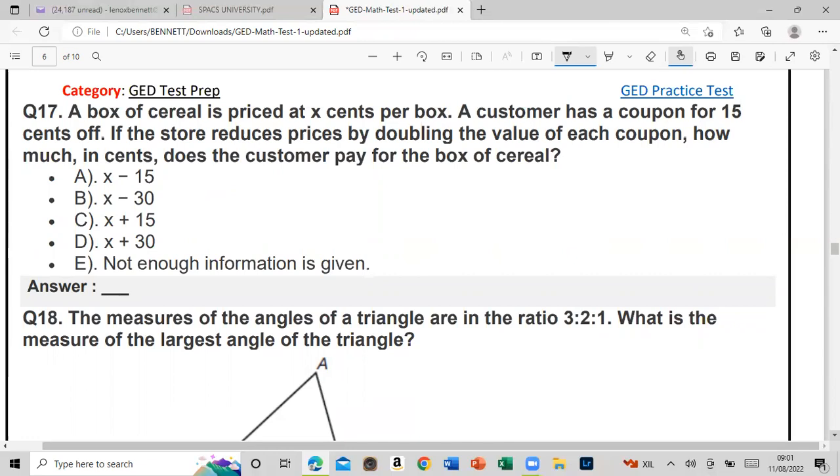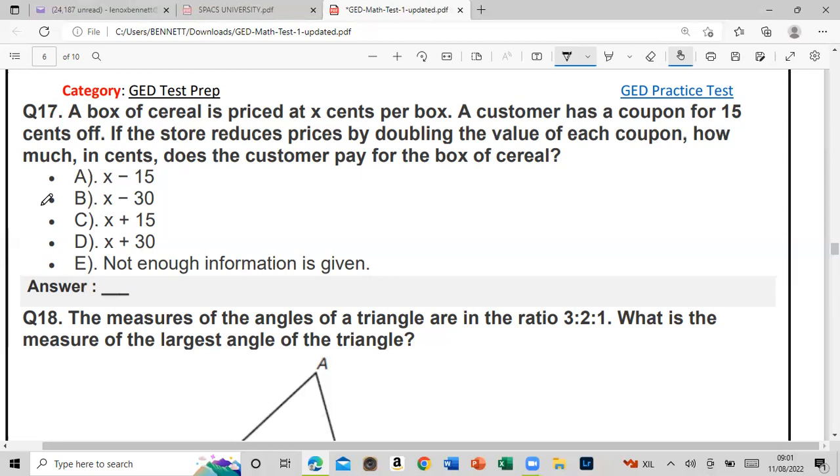But they say each coupon. So isn't it one coupon? Alright, let's read further. By doubling the value of each coupon, how much in cents does the customer pay for the box of cereal? So if I double it, that's 30. So that'll be x minus 30.